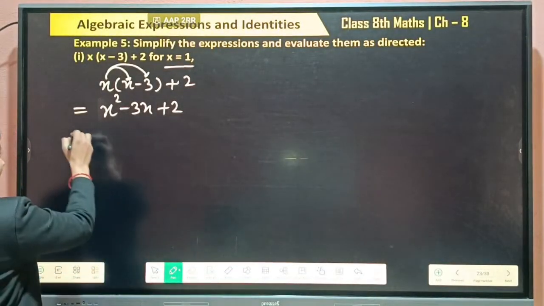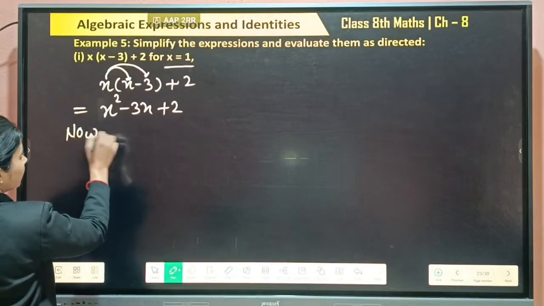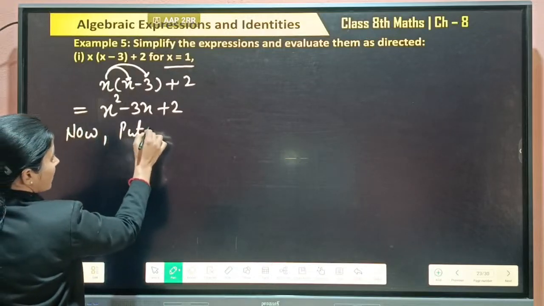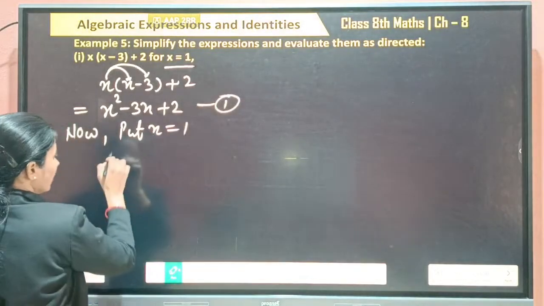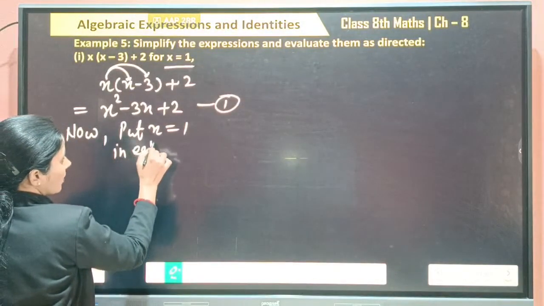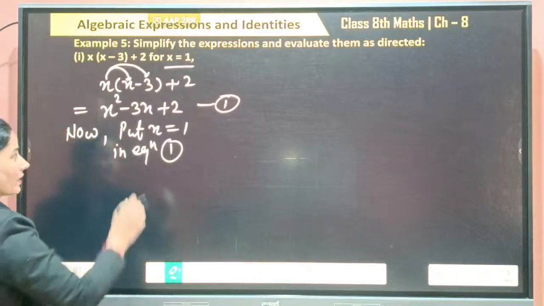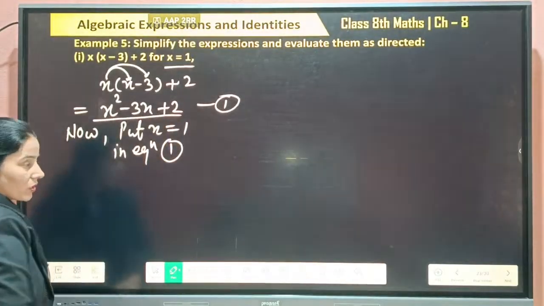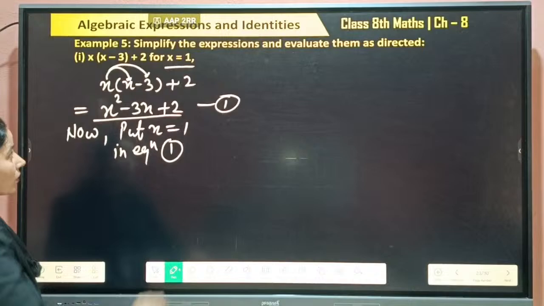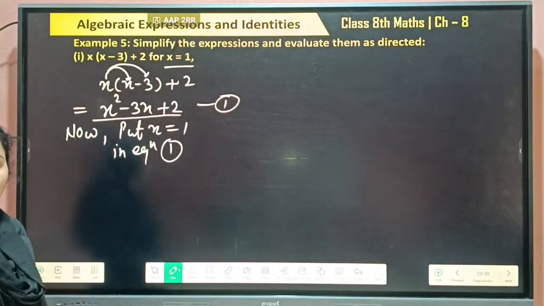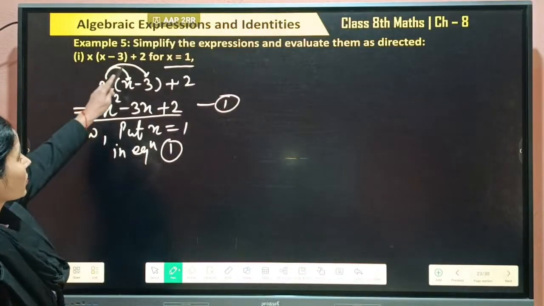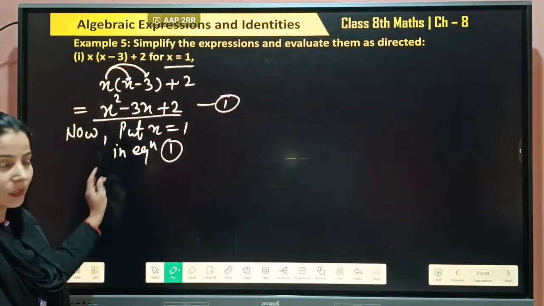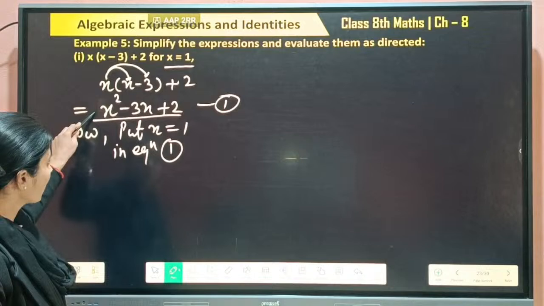Now put x equals 1. Say this is equation number 1. In the simplified expression you have to put the value, not in the original statement. Although in both cases you will get the same answer, they said first simplify and then find its value at x equals 1. So you simplified this one.